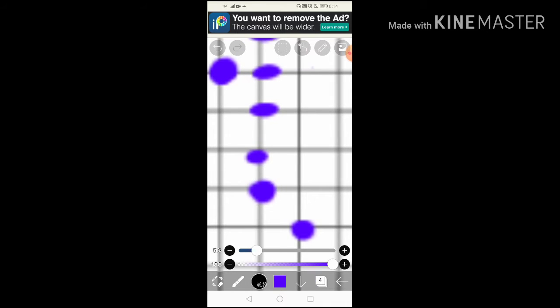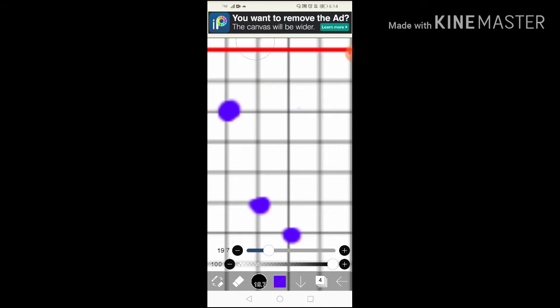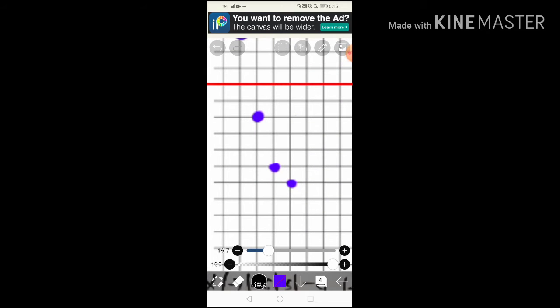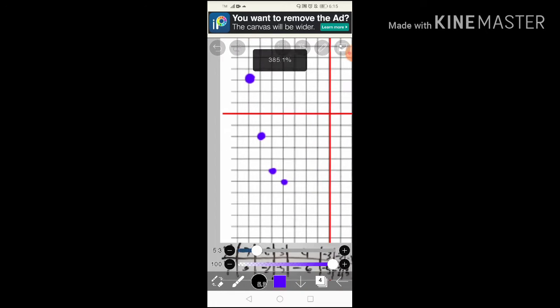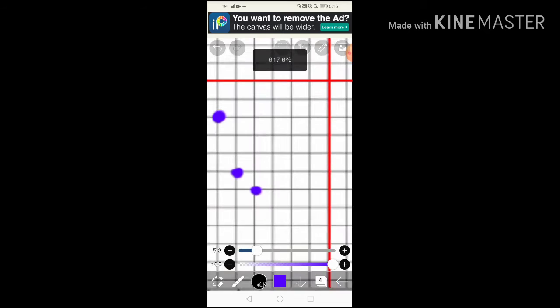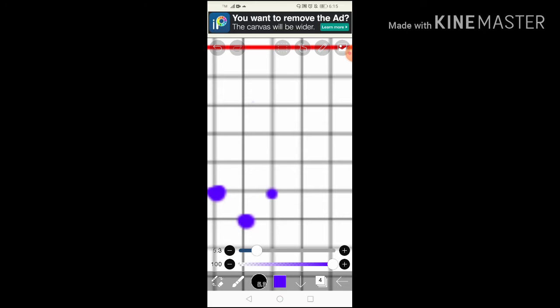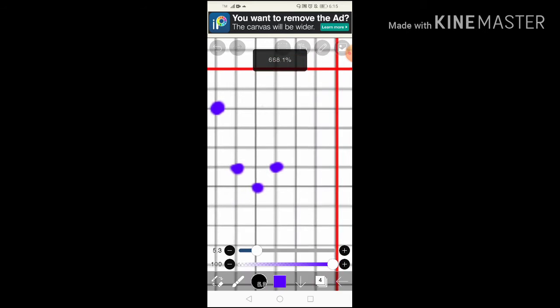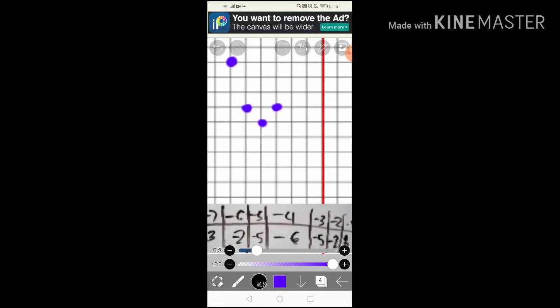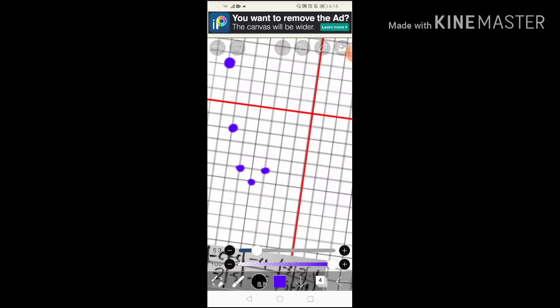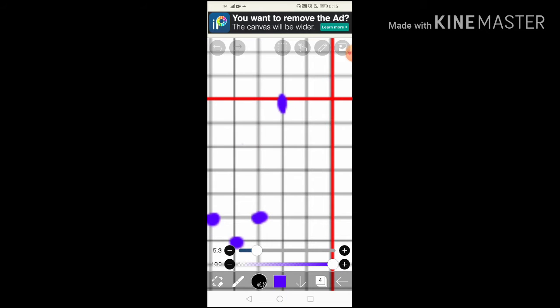It's right here. Alright. So, negative 3, negative 5. And then negative 2, negative 2.